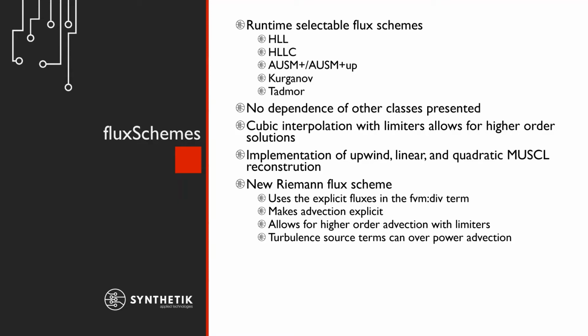These have no dependencies on any of the other classes presented. Basically, you provide these with your density, velocity, pressure, internal energy, and speed of sound, and it will return your conservative fluxes. So this means if you want to use part of blastFoam to do something, you can without having to include all the thermodynamics and all that stuff.